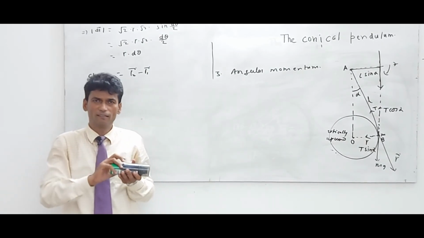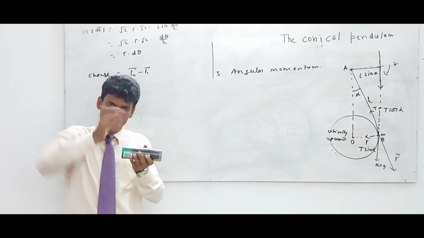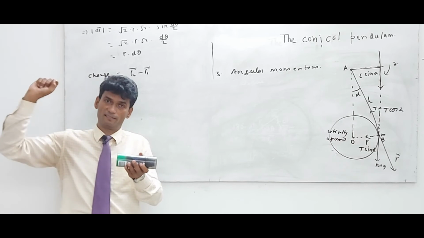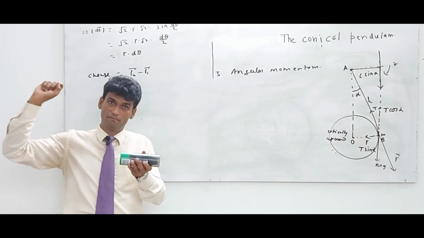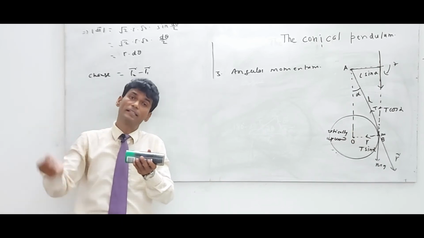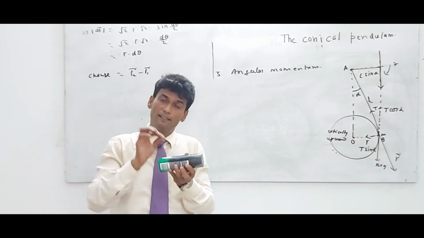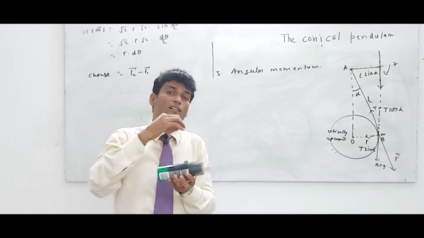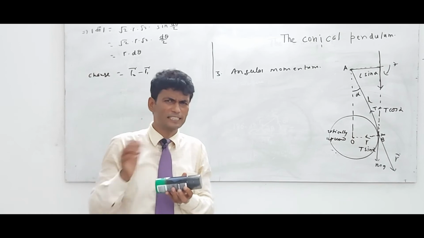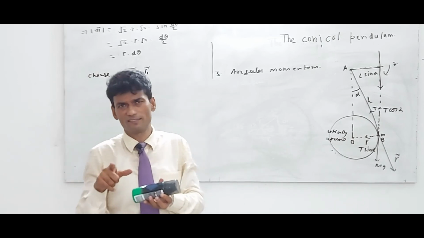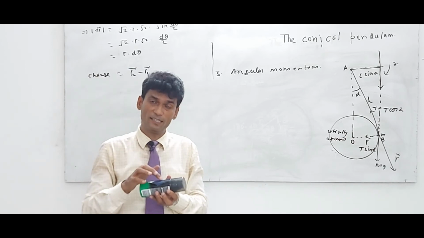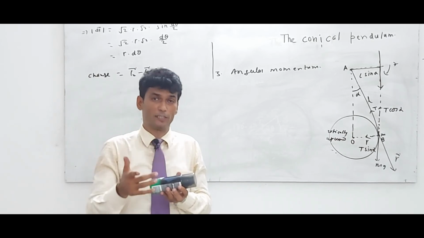So we have to deal with the motion of this round body by taking any point in this space. It might be any fixed point in space, or we may study it by taking a point inside the body. If we take a point inside the body, then why not the center of mass? So we have to take the center of mass. There are two ways to treat the center of mass.